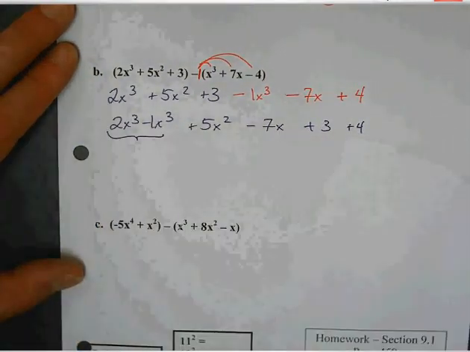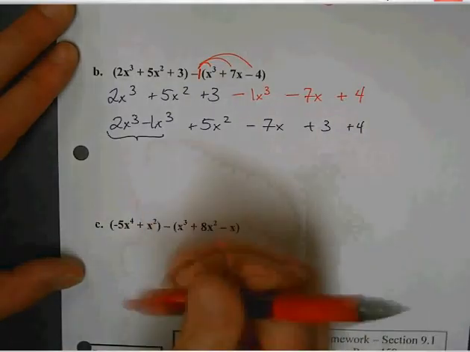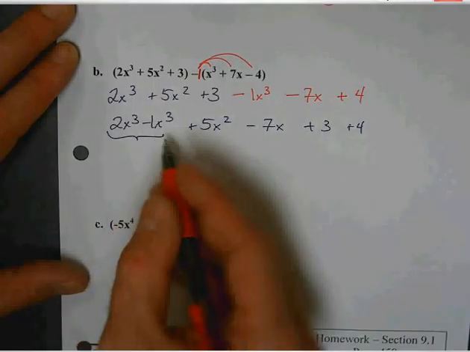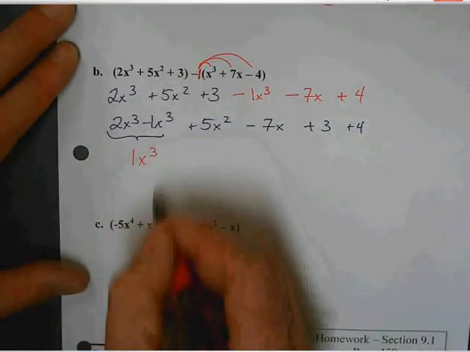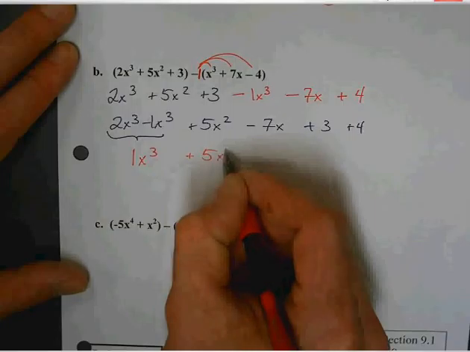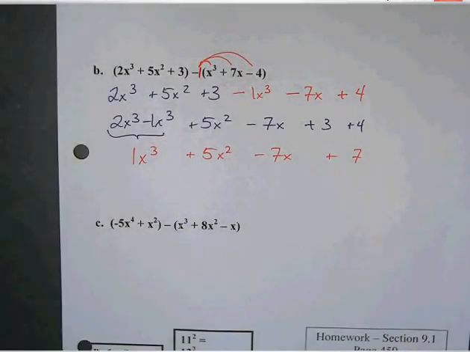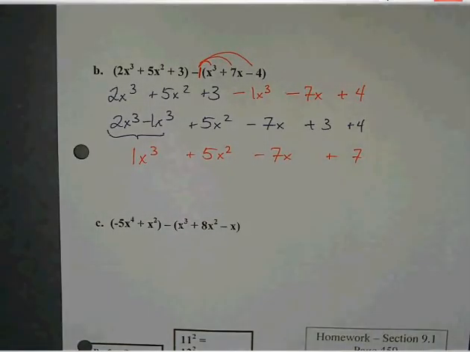How many x cubes do I have? 2 of them minus 1 of them is 1x cubed. 5x squared, negative 7x plus 7. Let's classify this. What kind of omial is it? It's a polynomial. What is the degree of this polynomial? What do you think? 3. Very good.